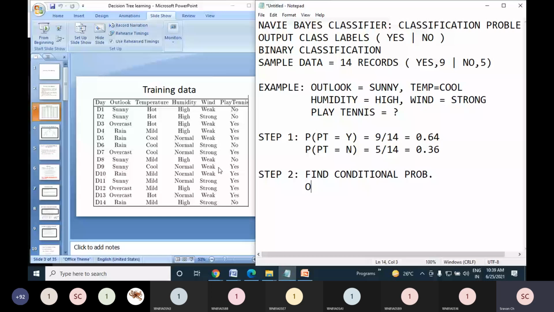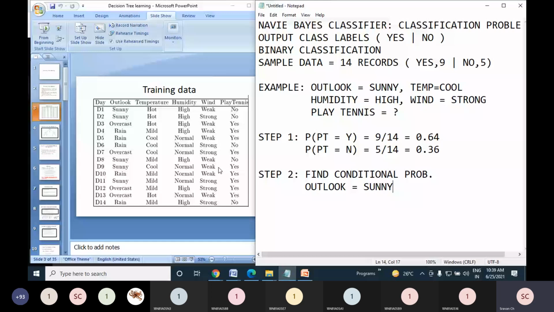Now what I should do is, when the outlook variable is sunny, in that case what is the outcome variable? How many times it was yes, how many times it was no? That probability means the probability of playing tennis when the outlook variable is sunny, that I need to calculate.